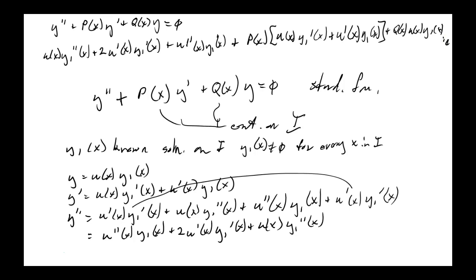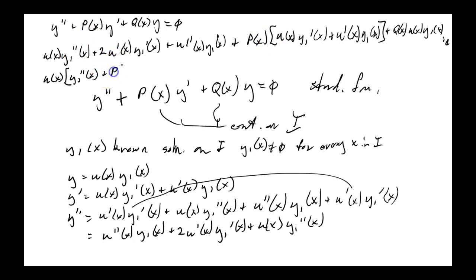Now, here's where the magic happens. We're going to rearrange these terms slightly. I'm going to leave this term alone, u of x times y1 double prime of x. I'm going to look for my next u of x. That's right here, this one.